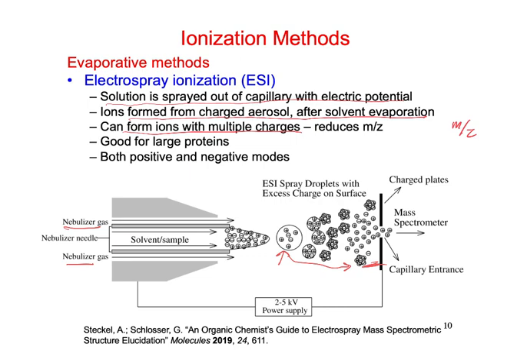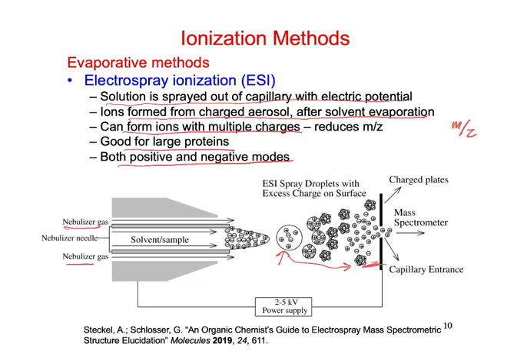So it brings the mass to charge ratio of a big molecule down into a more reasonable size range. So this is also good for large proteins, and it can be used in both positive and negative modes.